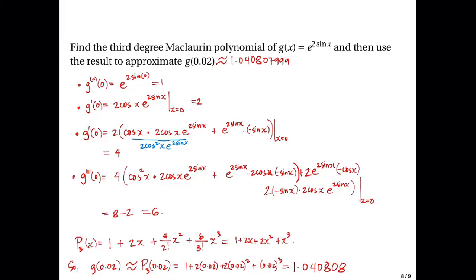If you round this off, you will get 1.040808. Okay, the next value here, it's not 9. It's, I think, 4 or 2. But anyway, our value in here, p sub 3 of 0.02, is really close to this approximate value of g of 0.02.